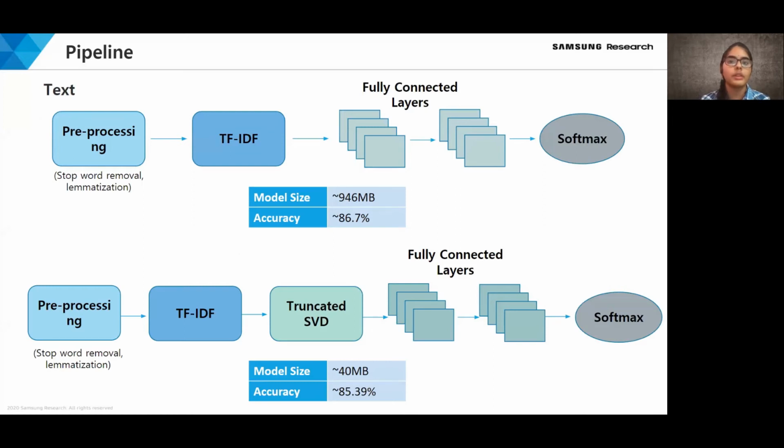This rendered a model size of nearly 900 MB due to the vocab size. We further observed that TF-IDF vectors are low in rank and sparse. Thus, to solve this, we used truncated SVD, after which we observed a nearly 95% decrease in model size with a mere 1.5% decrease in accuracy.